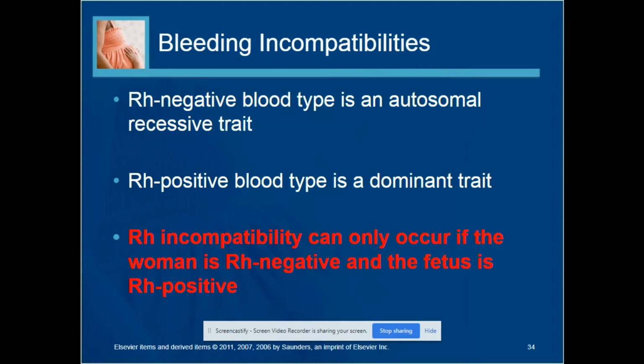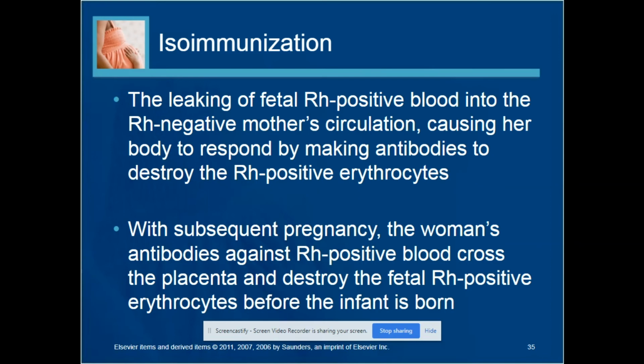This is red because it's important that you remember that the mother is negative and the fetus is positive. So what happens is the fetal Rh positive blood can leak into the mother's circulation. This can cause her body to respond by making antibodies that will destroy Rh positive erythrocytes, attacking the baby's blood.